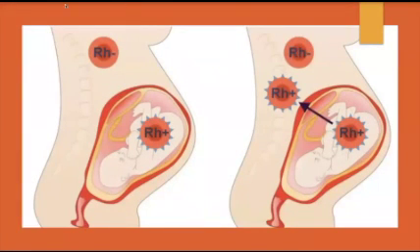So, if a woman is Rh negative and the fetus is positive, erythrocytes of the fetus can pass through the placenta to the maternal organism. What happens if the erythrocytes of a positive fetus pass to a negative mother?